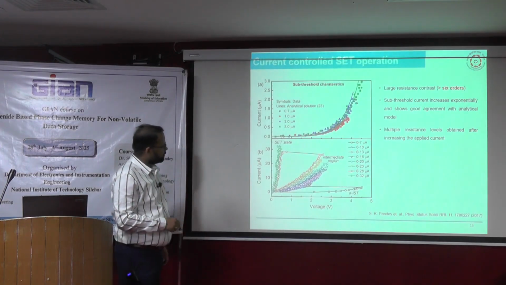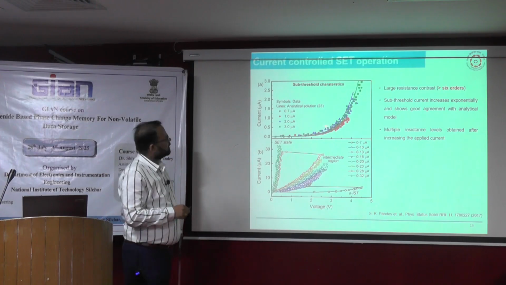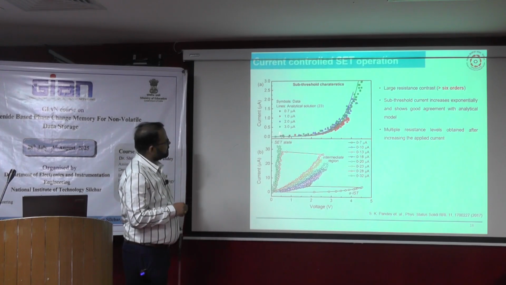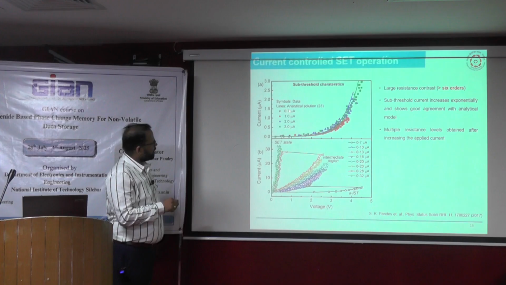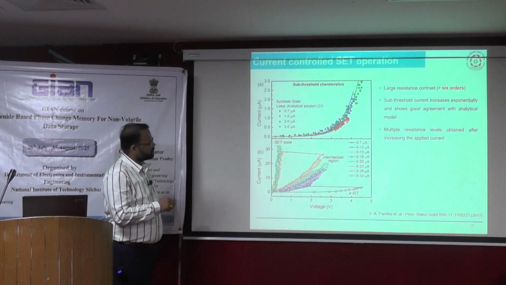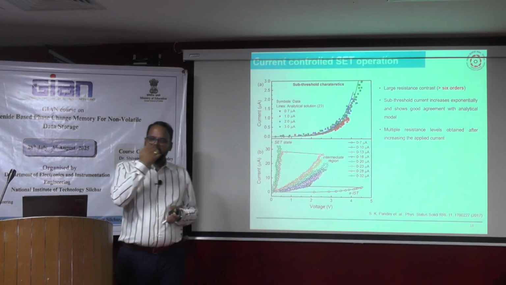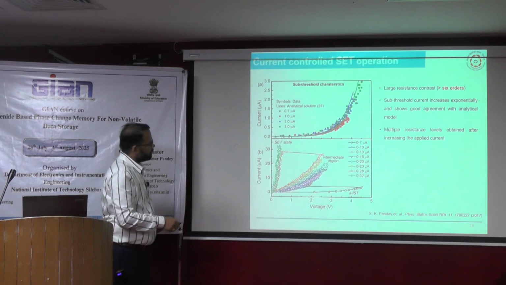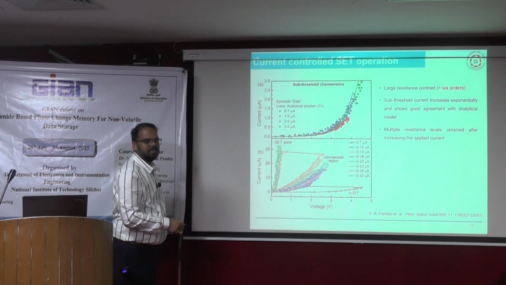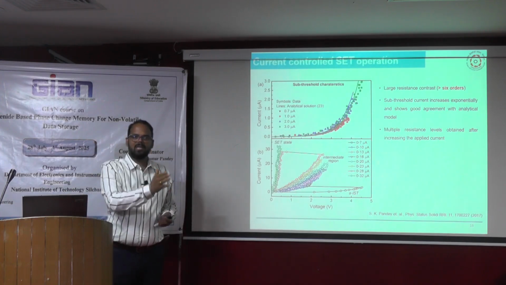As you can see, prior to electrical switching, as we increase the current from 0.7 microampere to 3 microampere, this is sub-threshold conduction with no switching. This is the amplitude of the current pulse. At 3 microampere there was no switching, but the moment we gave 7 microampere, you can see a sharp change. A sharp change means the material switched from one state to another state.